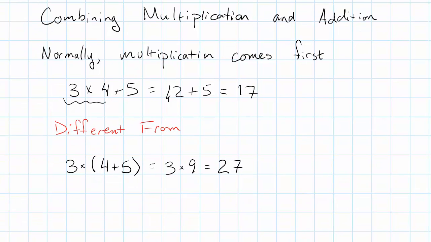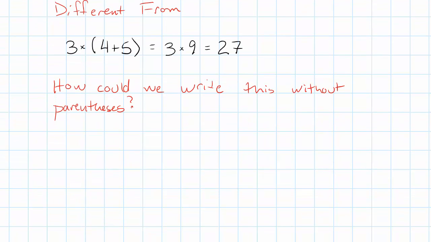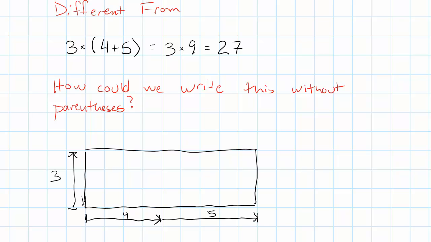But what could we do if we wanted to eliminate these parentheses? Well, let's think about this in terms of our picture of multiplication. Here's a picture of the arithmetic we're doing. We're finding the area of this rectangle that's 3 high and 4 plus 5 on the other side.